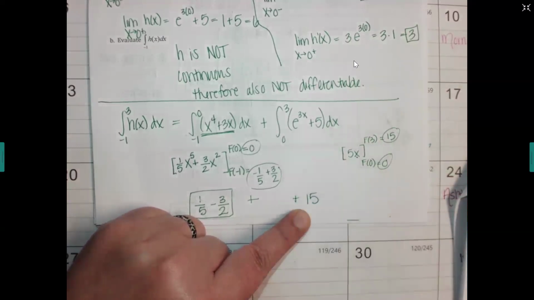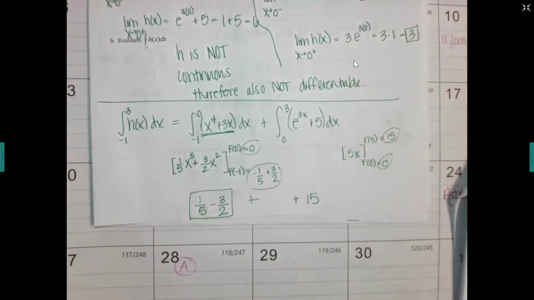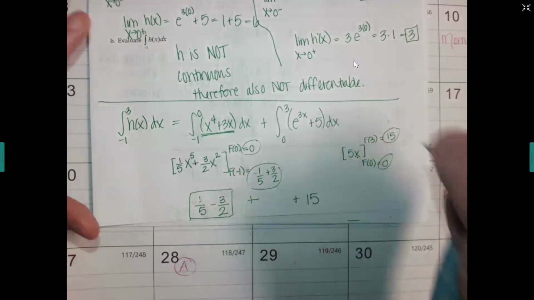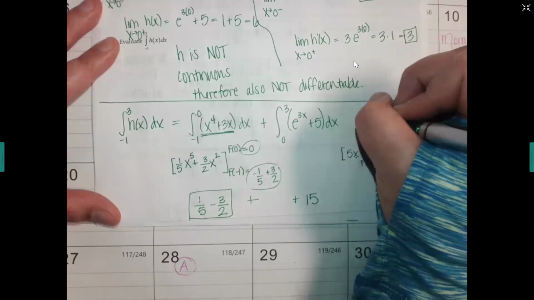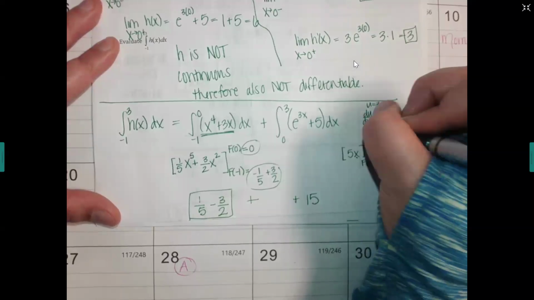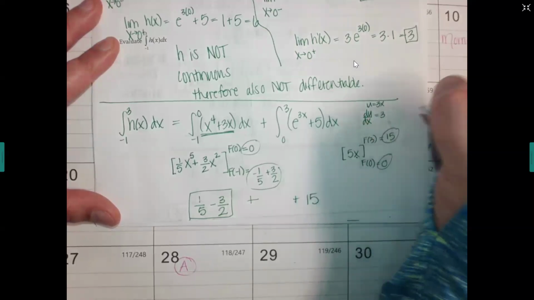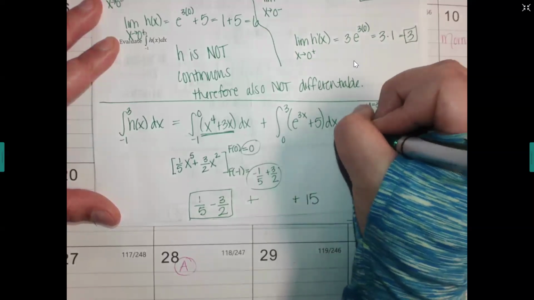15. And then for this term, what Emily asked is, why did we skip it? E to the 3x is going to need what integration method? U sub. What's your u going to be? 3x. Which means your du dx is going to be a 3, which means you're going to replace your dx with a du over 3.